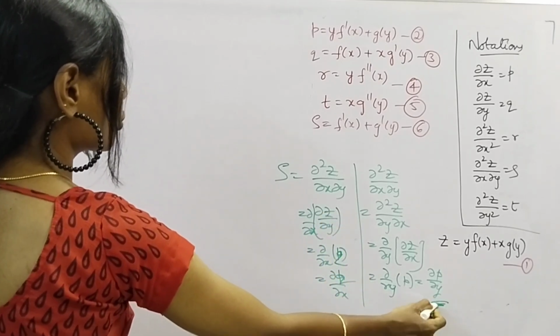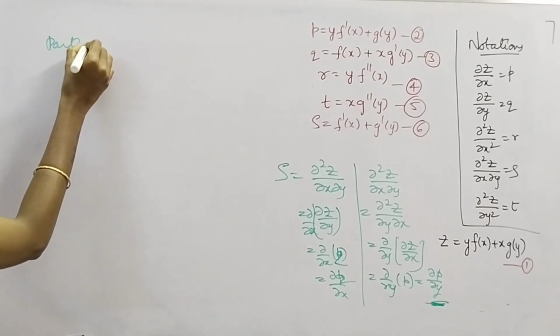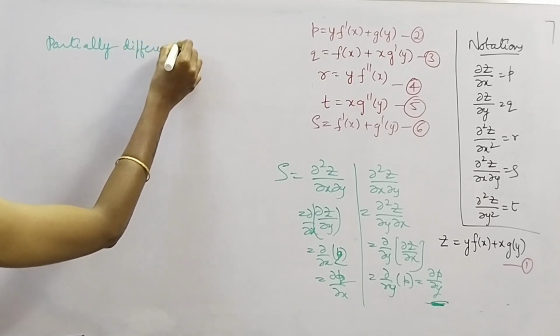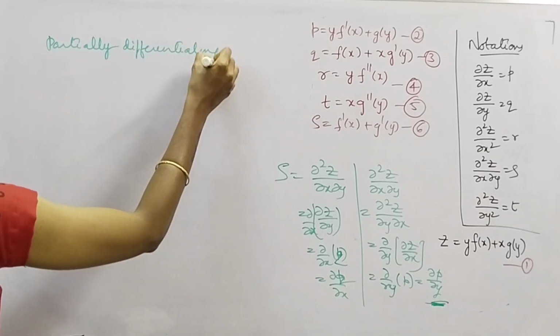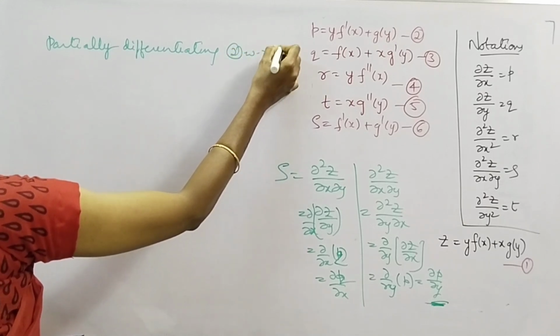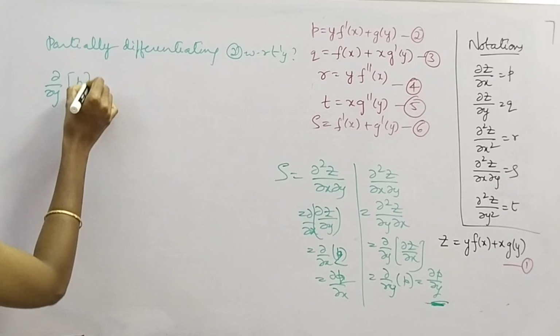Now I have to show this, so let me try. Partially differentiating p, that is equation 2, with respect to y. You can just apply dou by dou y on both sides of 2.